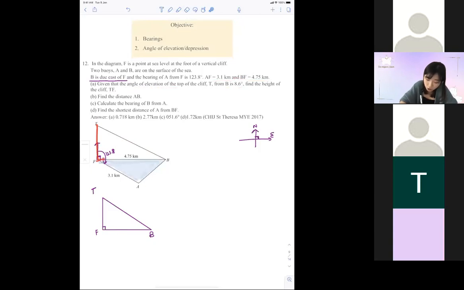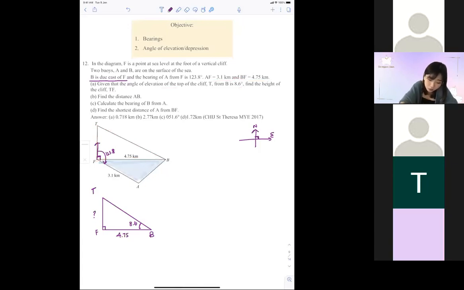You're lucky because this is drawn for you, but just draw it out and then put the information you have inside. They say that the angle of elevation here is 8.6. You have FB is 4.75 and you want to find the height, which is TF.